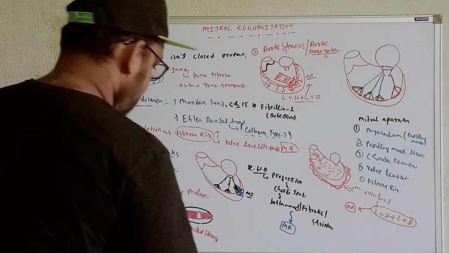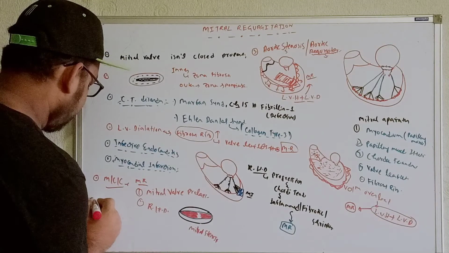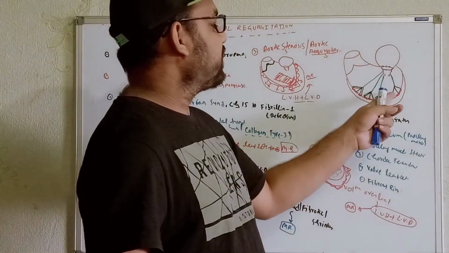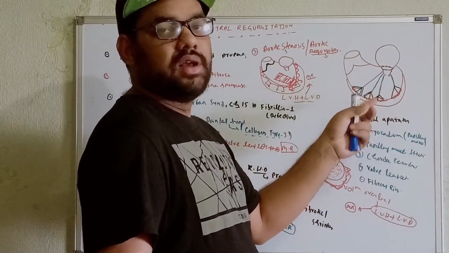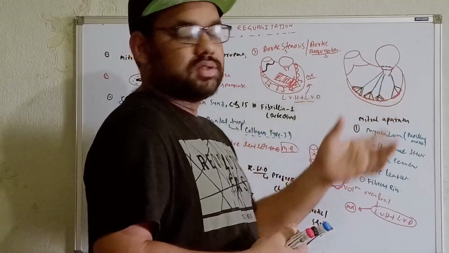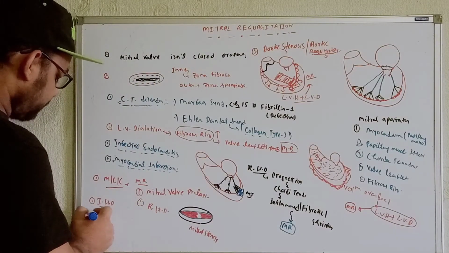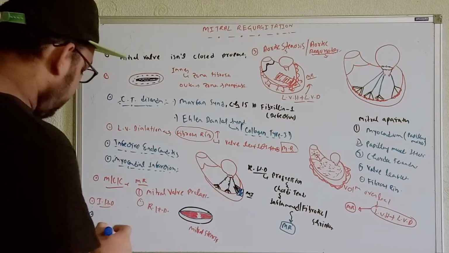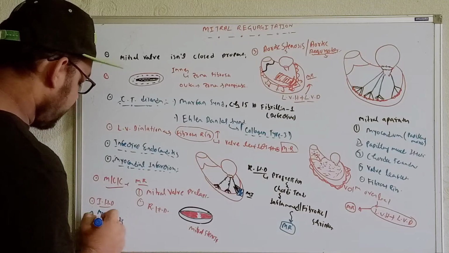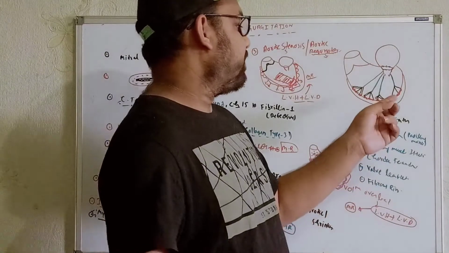So what are the other causes? We can get it in ischemic heart disease. Try to understand, when you are getting ischemic heart disease, if you get the development of ischemia within the papillary muscles region, the papillary muscles will not be able to work properly. As a result, we can see the development of mitral regurgitation. Next, if we get the development of myocarditis, the inflammation of the myocardium, some myocardium is attached along with the muscle.